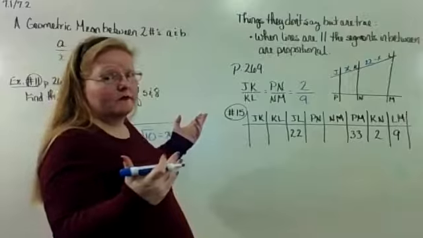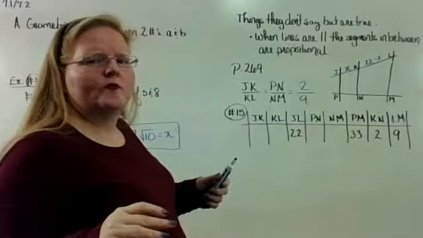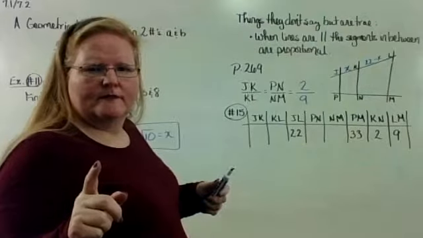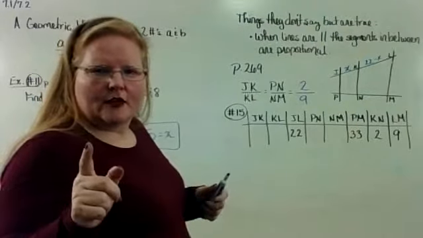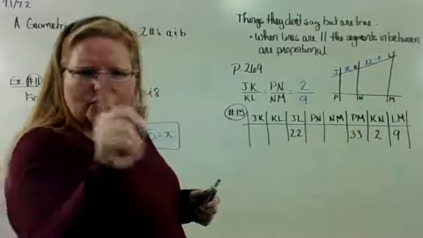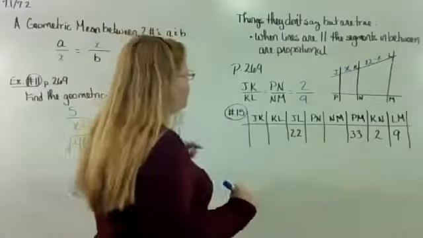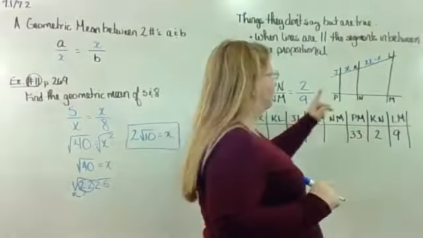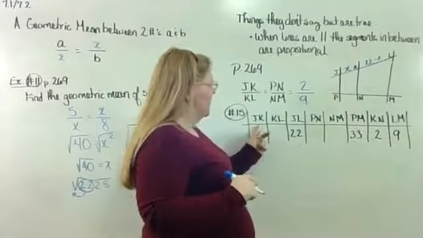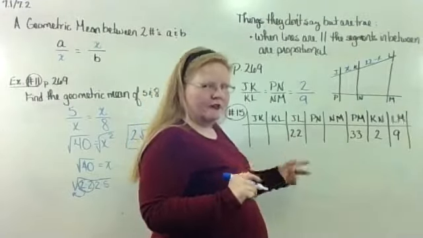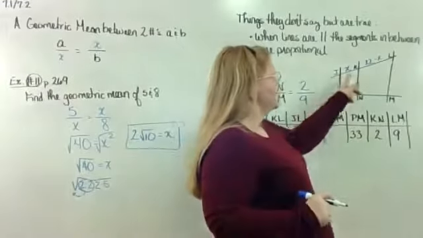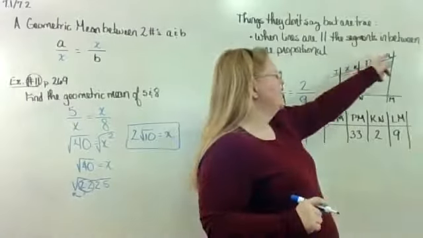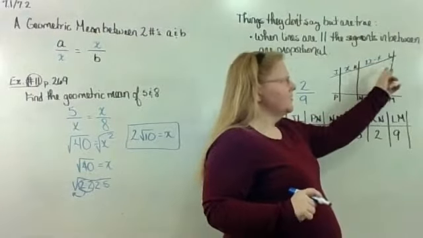I'm not sure what just happened, and if you saw that or not. So just for a second, since I know that JK and KL add up to JL, that means that if I let this be X, that one has to be 22 minus X, because that's what JL was, minus that little part would give me that little part.